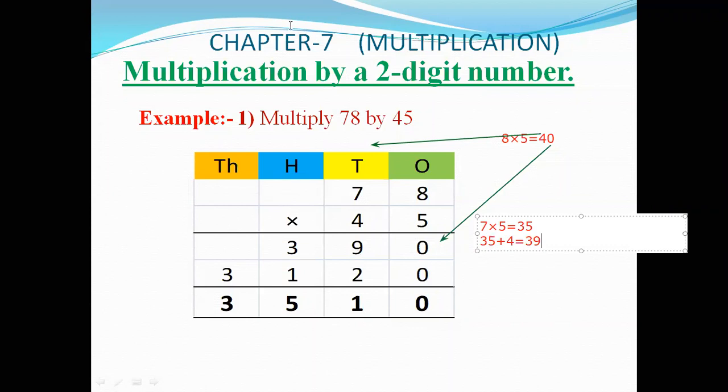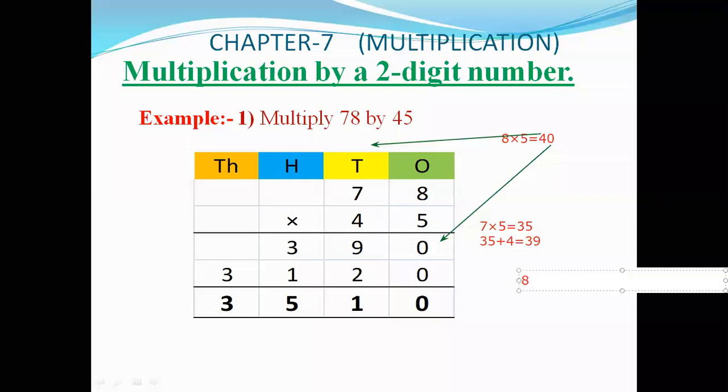Now after that we will multiply 4 by 78. Since 4 is under the tens place, first we write 0 under the ones column. Now multiply 4 by 8. 8 multiplied by 4, we get 32.